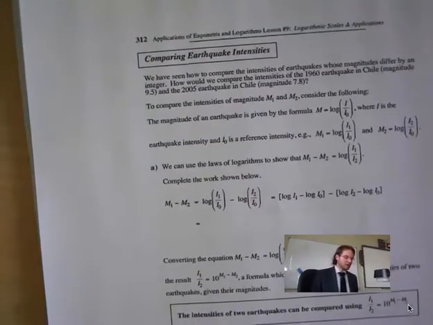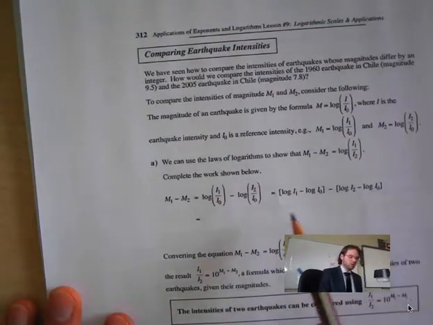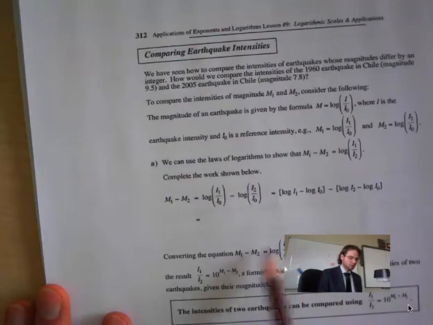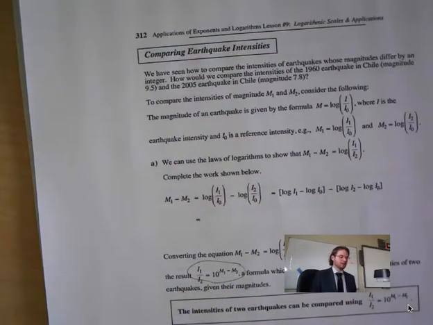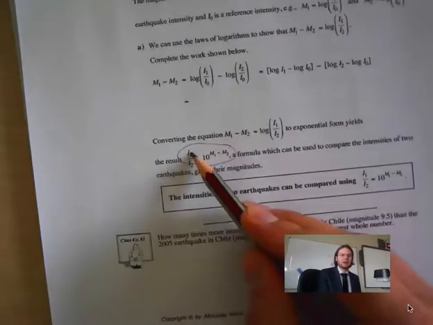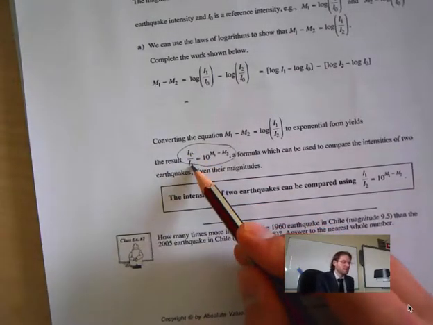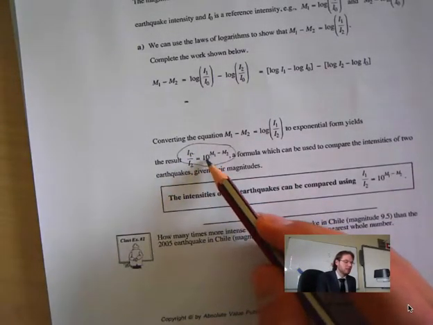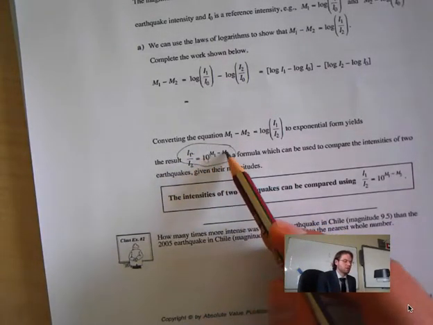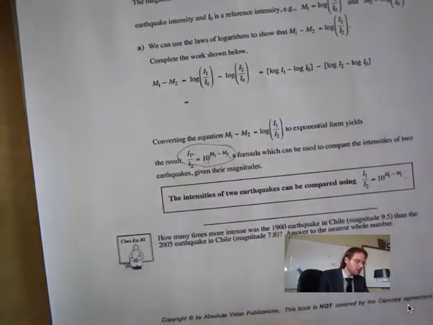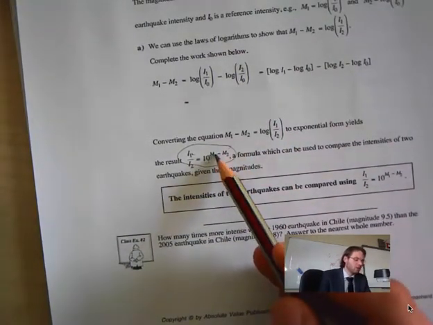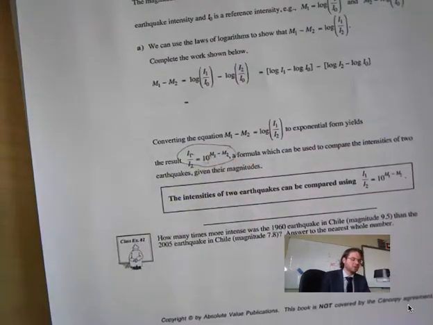Now, eventually, they came up with this formula here. The intensity of the first earthquake compared to the second is equal to 10 to the m1 minus m2, the magnitude of the first minus the magnitude of the second.